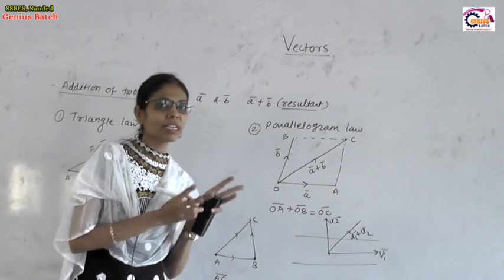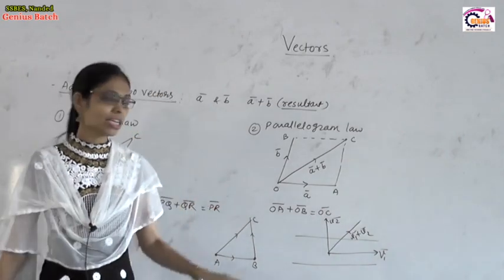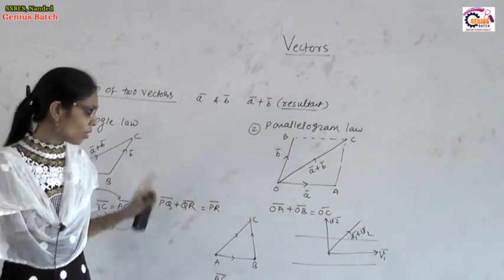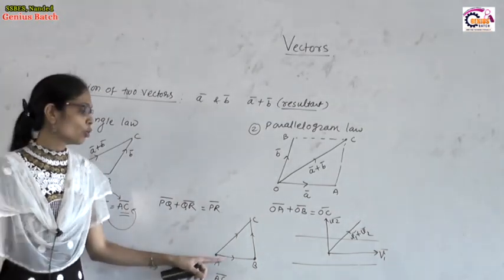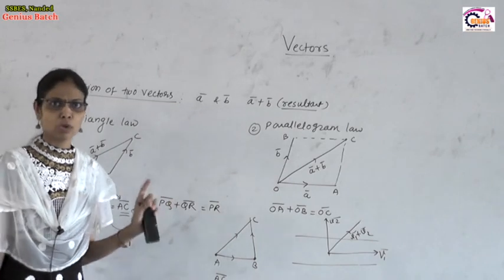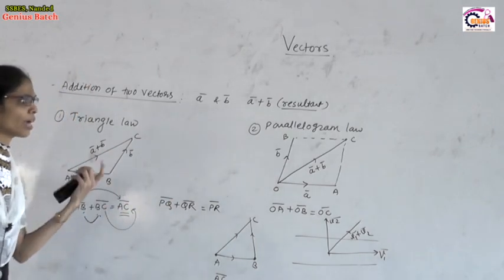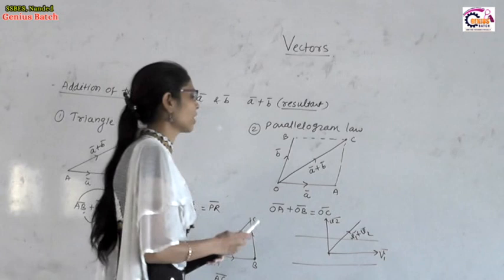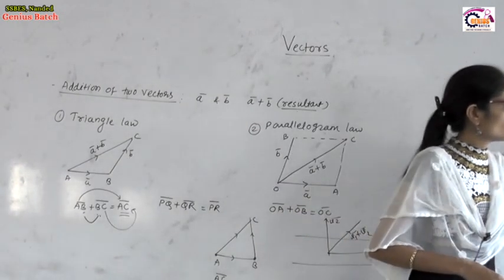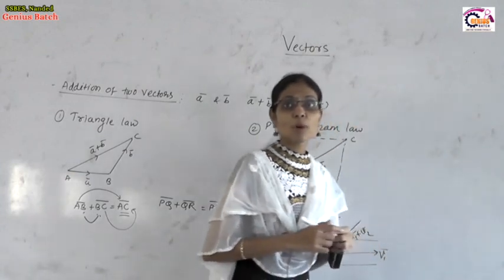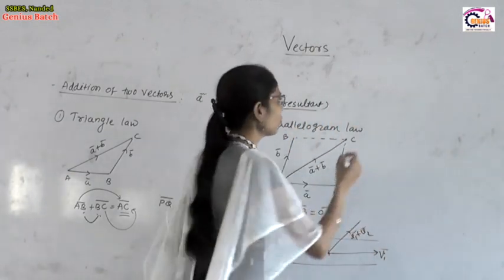So when two vectors are acting simultaneously, you can use the parallelogram law. If two vectors are acting one after another, you can use the triangle law. So these are the triangle law and parallelogram law of vector addition. Now after these two laws, we'll see what the properties of vector addition are.